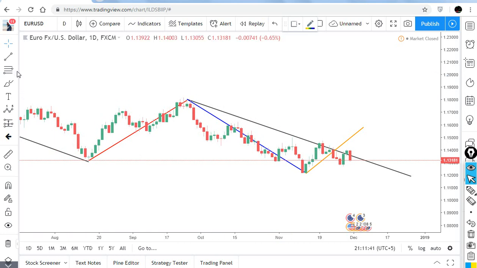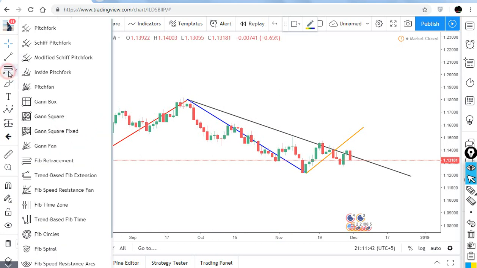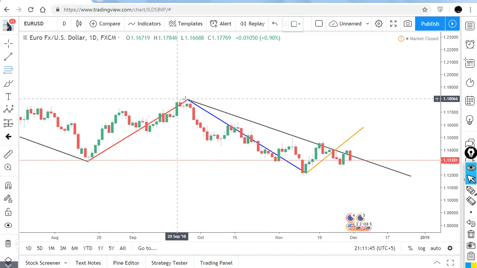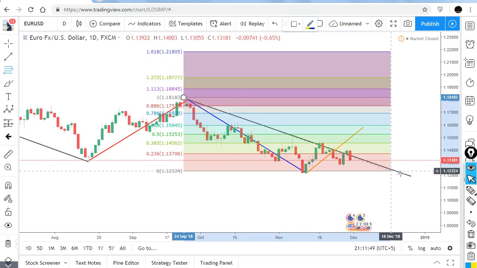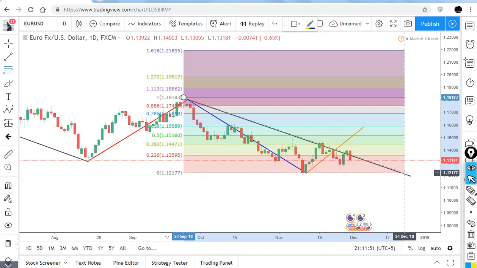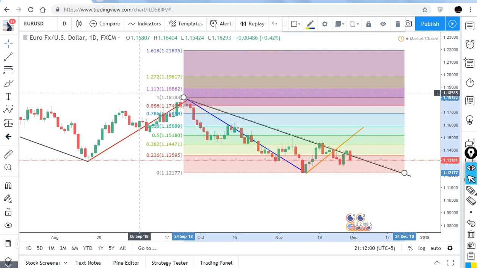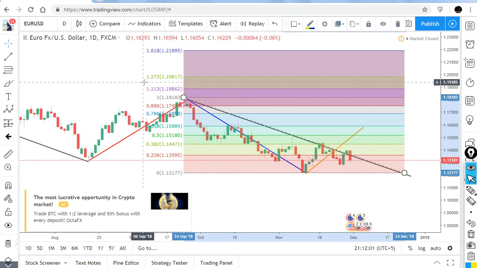But let's take this part from here to here. So where is my C? Now the C part always goes maximum.